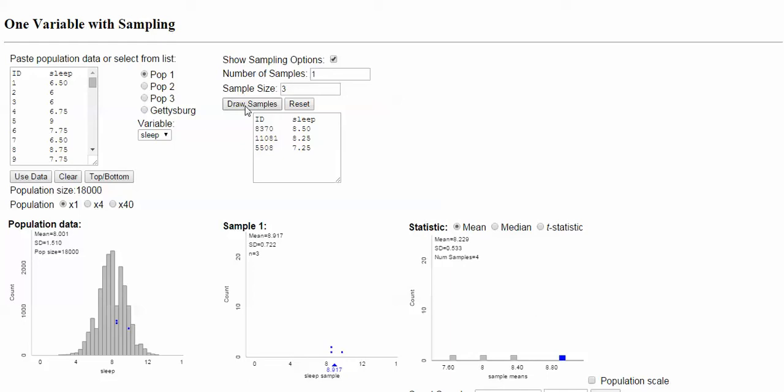Now if I keep drawing more and more samples over again, the sample means will start to form a bell-shaped curve.